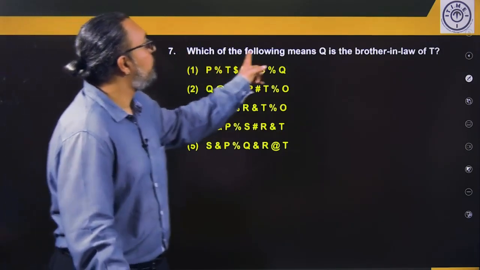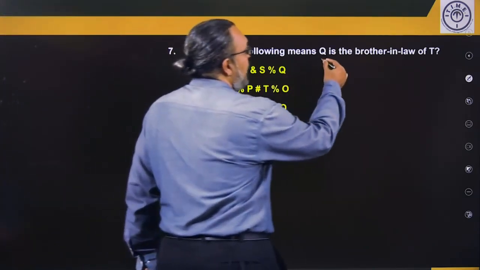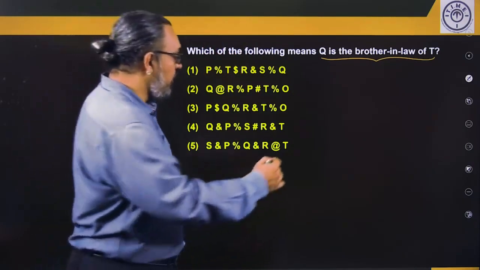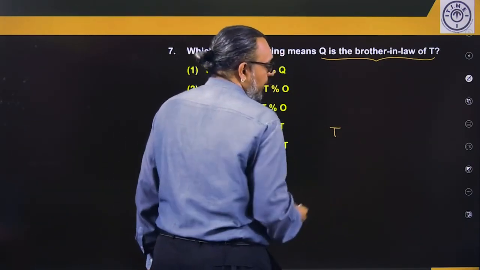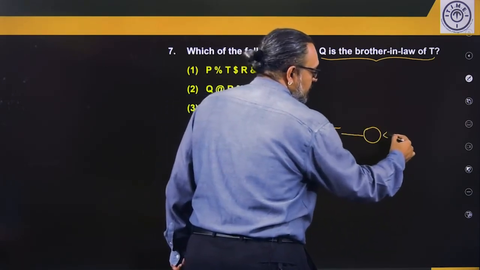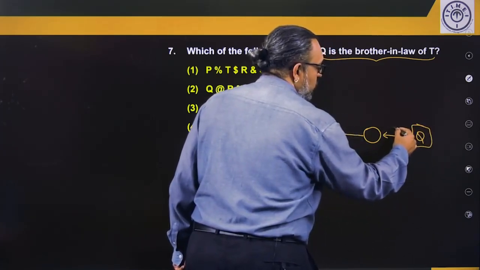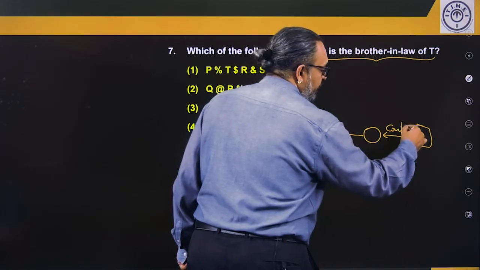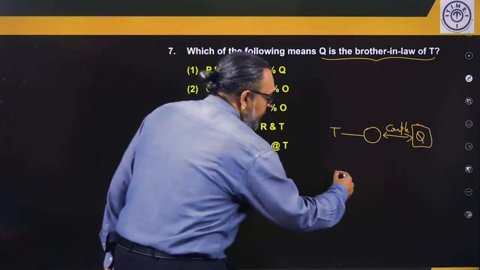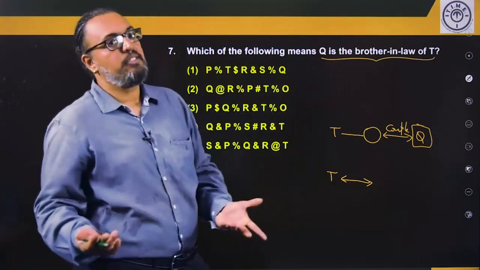He is asking which of the following means Q is the brother-in-law of T. So, first let us understand this relation. Q is the brother-in-law of T. So, for T, T can either have a sister and that sister's husband can be Q, such that sister's husband is called as brother-in-law. Or T can have a spouse, because the gender of T is unknown for me.